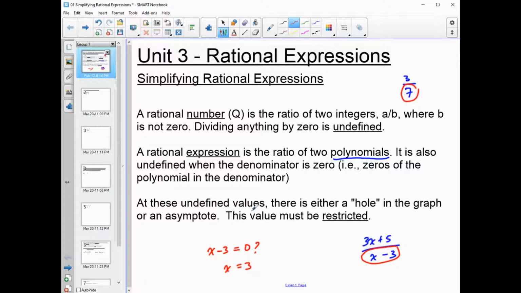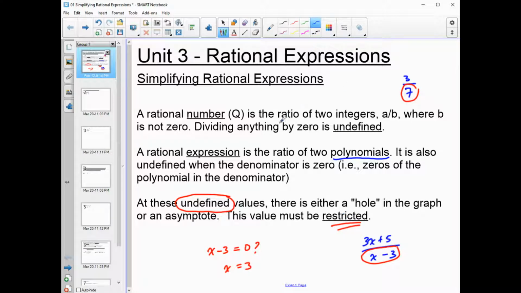If you have the potential for these undefined values where you have division by 0, then you have something known as a hole or an asymptote. I'll talk about both of those, but the important thing to remember for now is that whatever that value is, it has to be restricted. We're not allowed to go there.